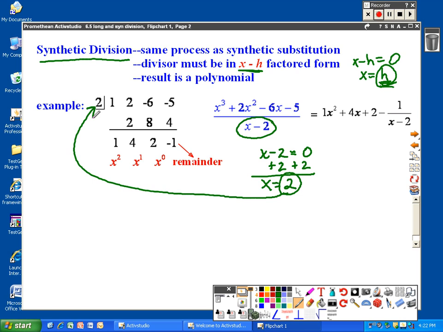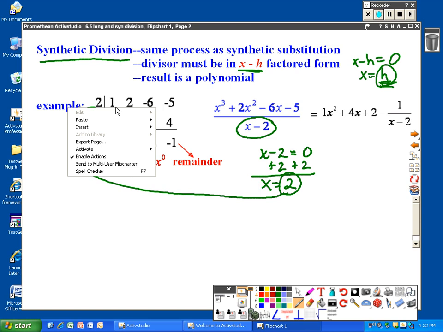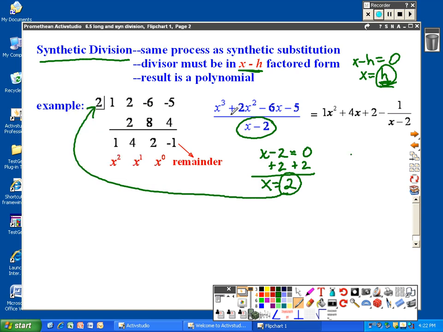Then I just take the coefficients of all of my dividend. I have 1x cubed. I have positive 2x squared, negative 6x, and negative 5. I should check that all places were taken care of. 3, 2, 1, 0. So I am good. Then I bring down my 1. 2 times 1 is 2.